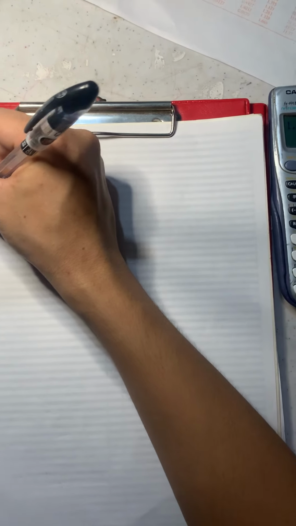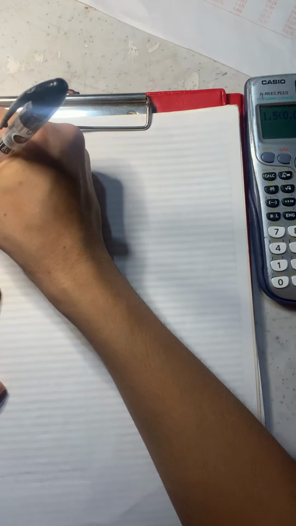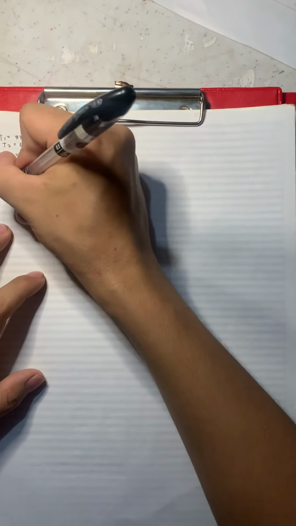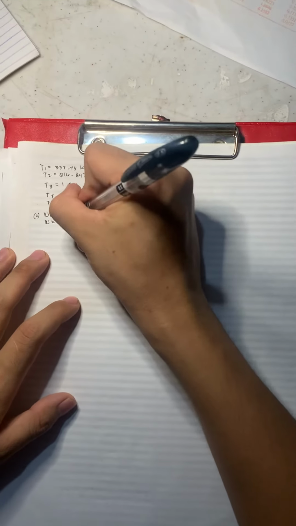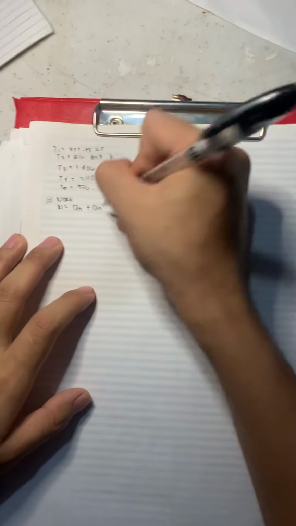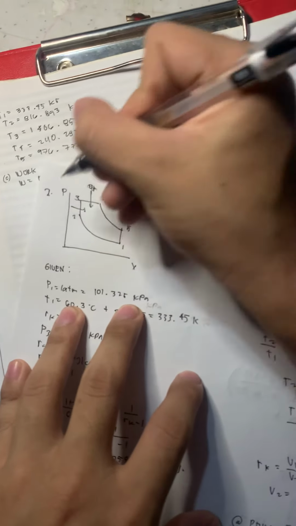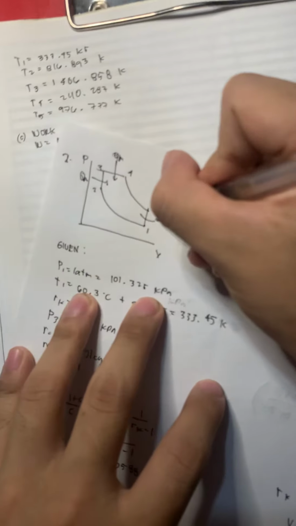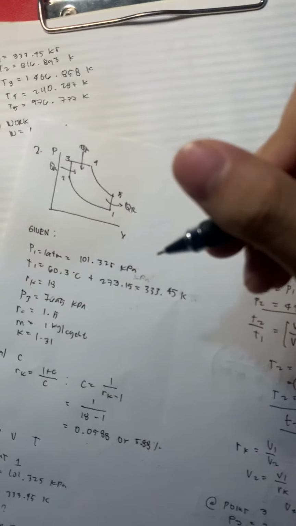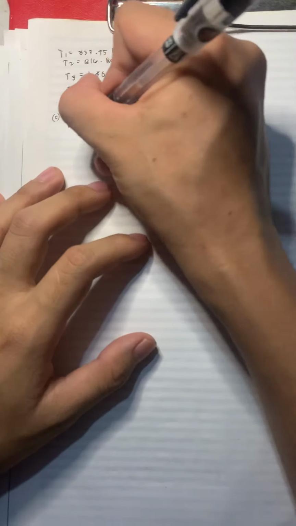Now solving for work, part C. Work is equal to heat added plus heat rejected.